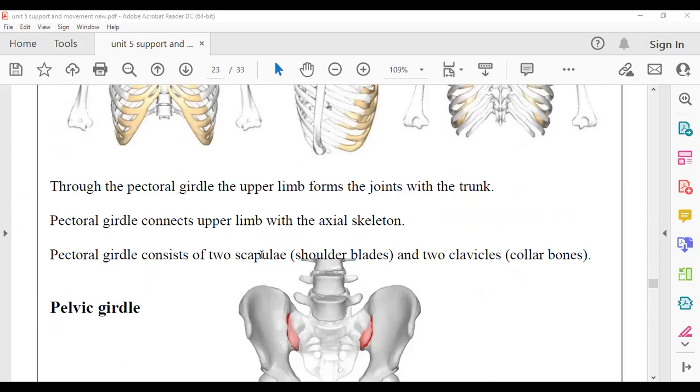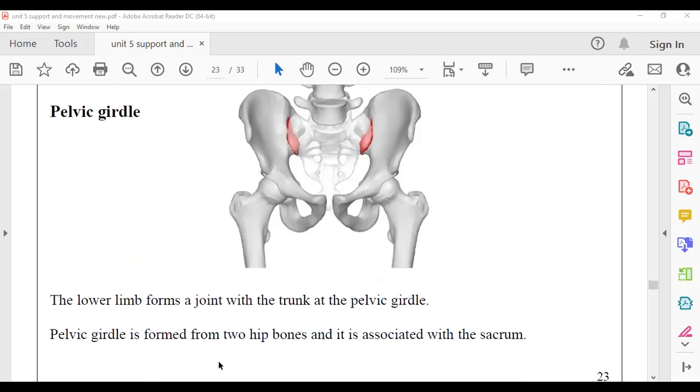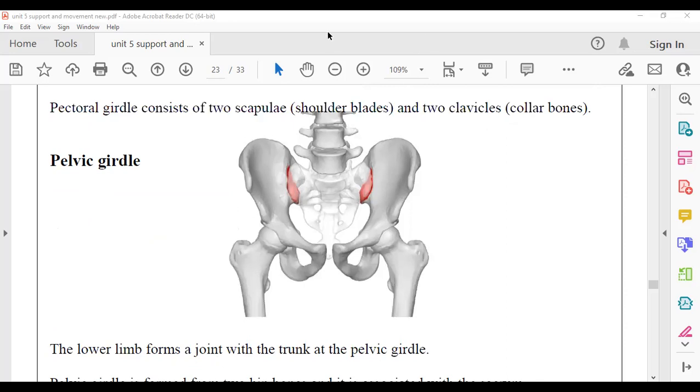Yes, sir. Right. Similarly, here we have the pelvic girdle. In the old syllabus, there was full detail about it, but the new syllabus doesn't carry much detail about it. This is which bone? Hip bone. Actually, the hip bone is made of 3 bones fused together. They are called ilium, ischium, and pubis, but they are not in your syllabus.